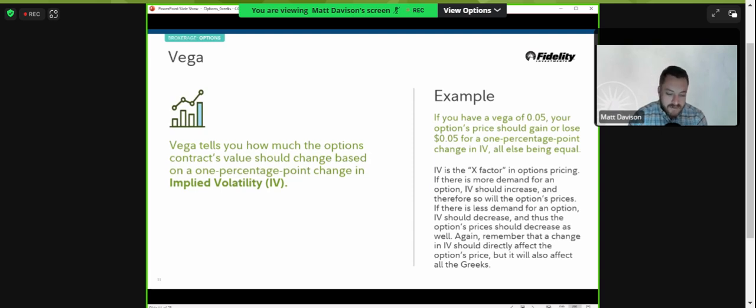It'll go from a 12 handle to a 13 handle, and you can see that from VIX over the last couple of days. But if you are looking at this and you're saying, okay, I have an option Vega of 0.05, then how much should my option gain or lose if we go up 1 percentage point? And the answer, of course, is 5 cents, right? So it's just trying to represent that for us.